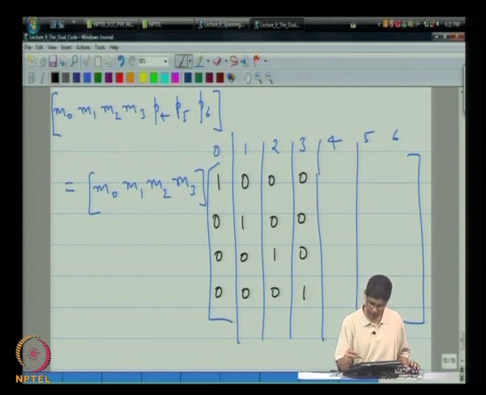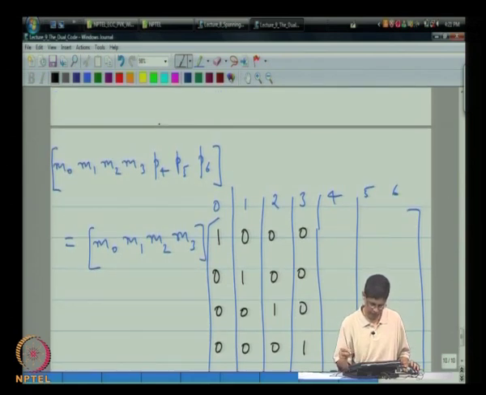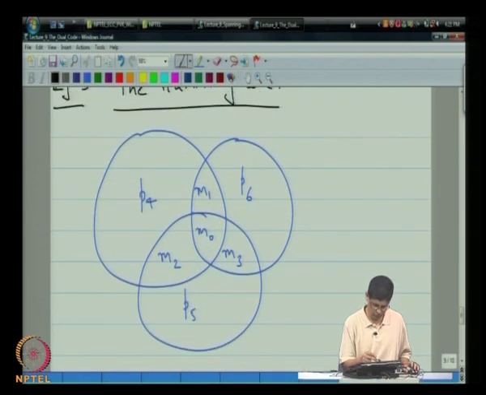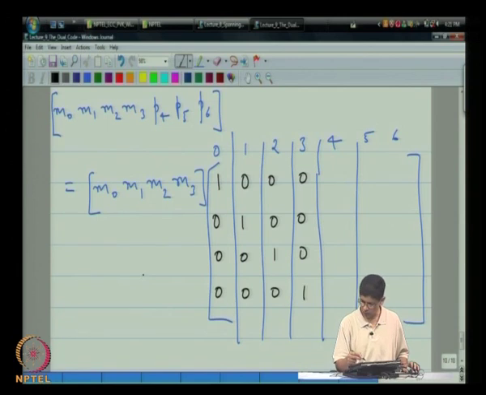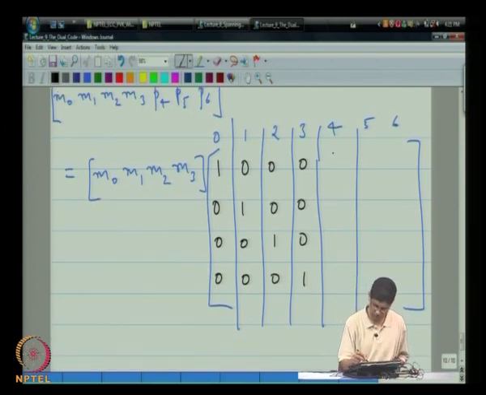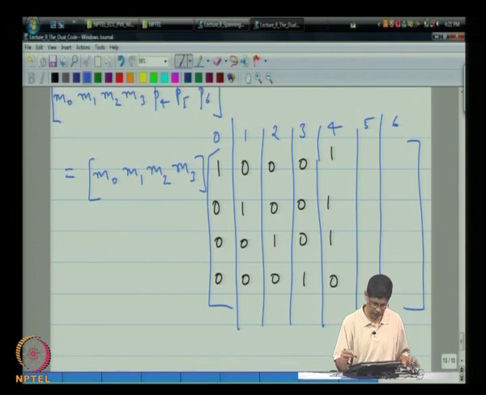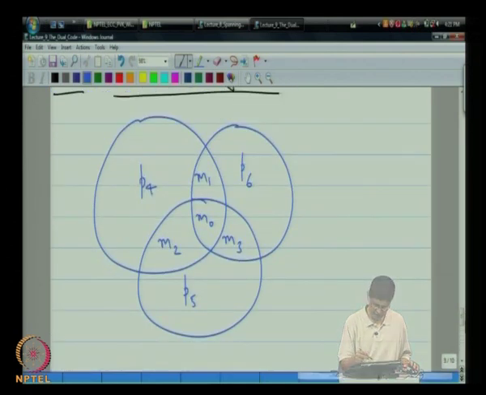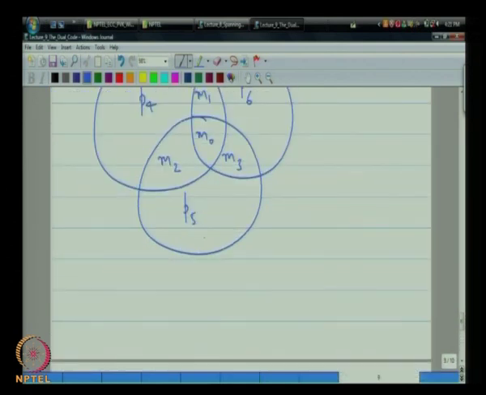Now, at this point I have expressed the first few symbols. Now, I need to look at how to generate P4. P4 is a linear combination of M0, M1 and M2. So, what I do here is I put down 1, 1, 1 and a 0, and in a similar fashion to generate P5, it is M0, M2 and M3.